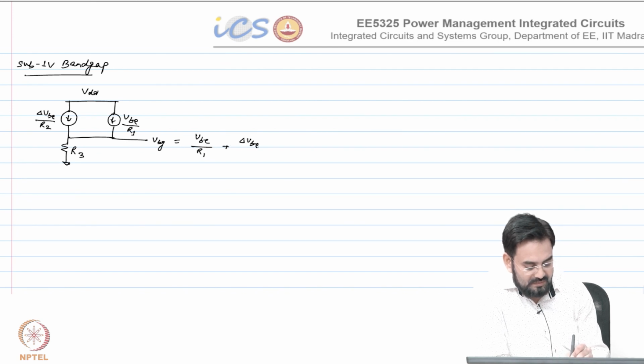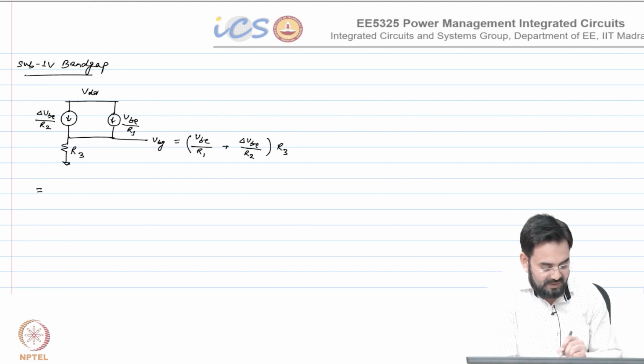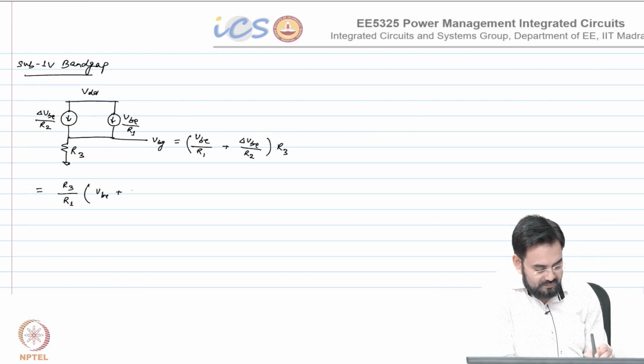Plus delta VB by R2. I can also write it so what is delta VB? So, what is this term?